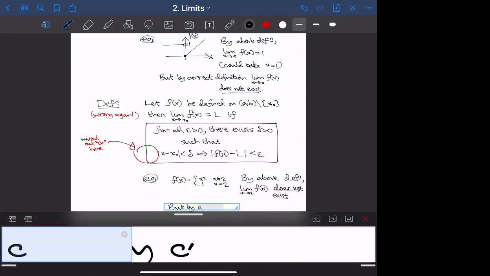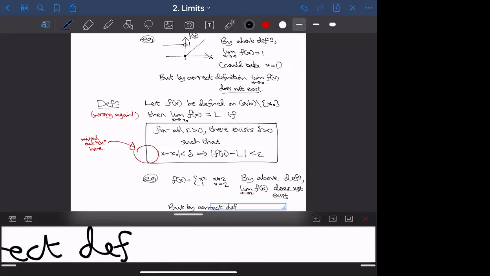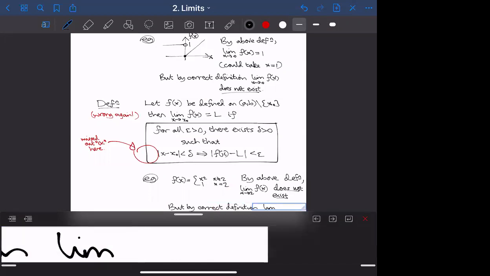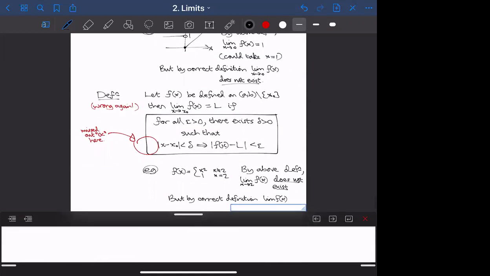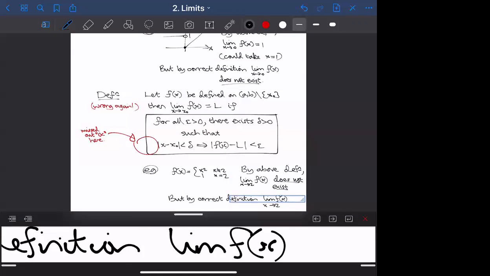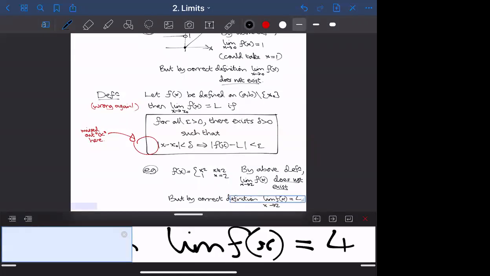But by the correct definition, the limit of f(x) as x goes to 2 exists and it equals 4.